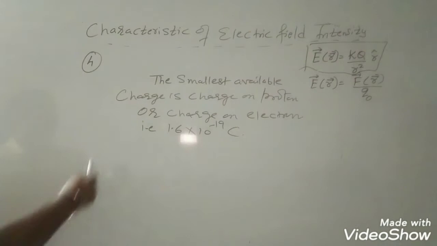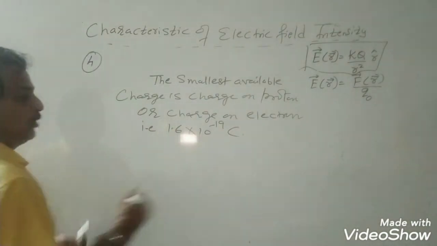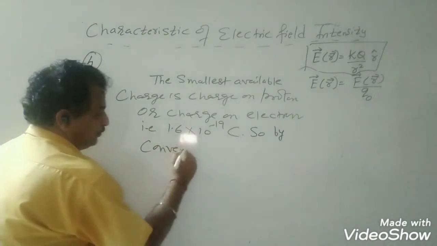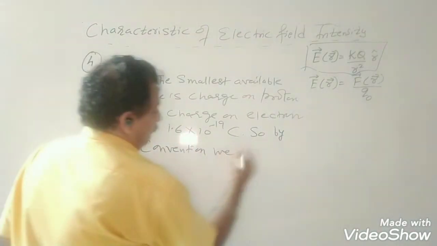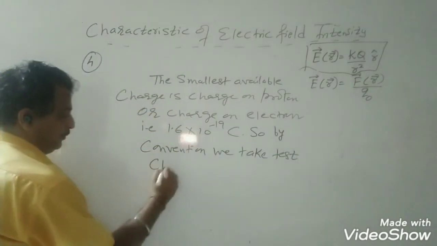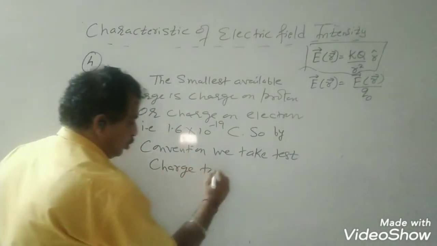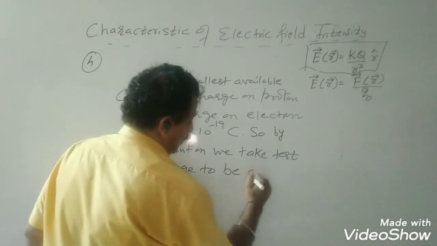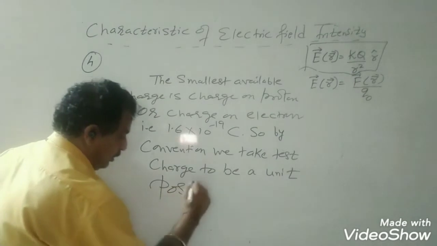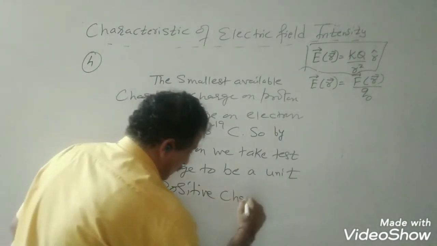So the smallest available charge is the charge on a proton or electron. So by convention, we take the test charge to be a unit positive charge.